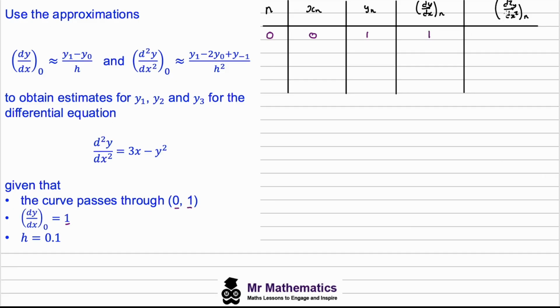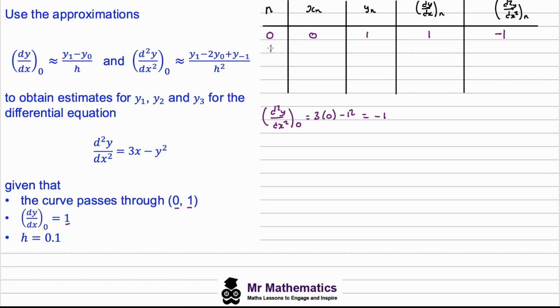Well, we can work out the second derivative using this equation. So d squared y over dx squared, when n is 0, we'll substitute in our x and our y value from the 0 and the 1. So 3 lots of 0 minus the 1 squared, and this will give us negative 1. So I'll put this into our table here.